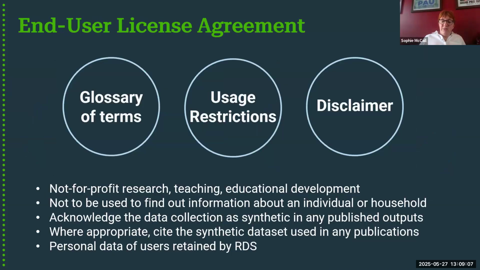We ask you to sign an end user license agreement, which basically has 3 bits to it. It's a glossary of terms, the disclaimer, and the usage restrictions, which basically is about making sure it's for not-for-profit research, training, and educational development, and where it's used in any publications to cite the synthetic data and acknowledge the synthetic data.